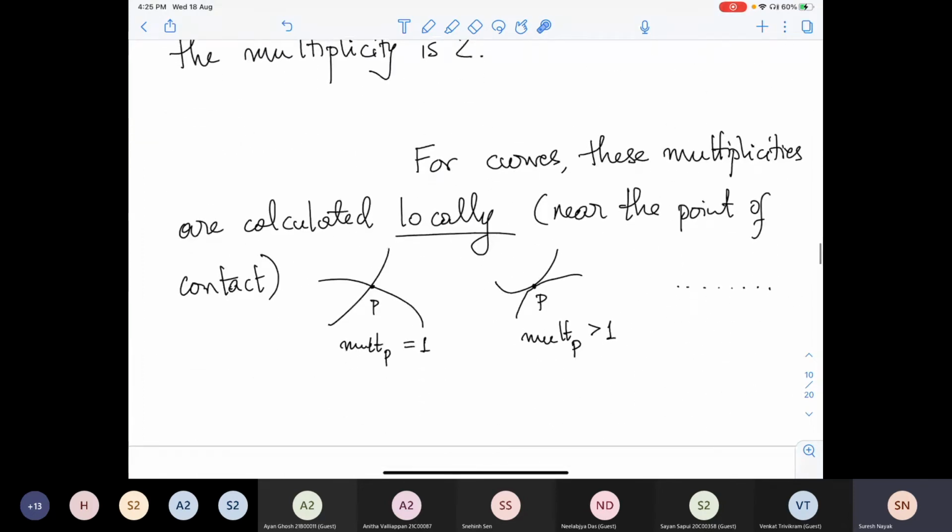The intuitive idea is that if the two curves have distinct tangent lines, then the multiplicity should be 1. This is what we would call a transversal intersection. And if the two curves seem to share a tangent line, then the intersection multiplicity should be greater than 1.